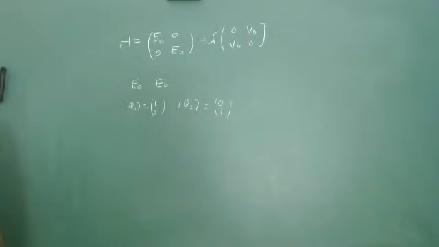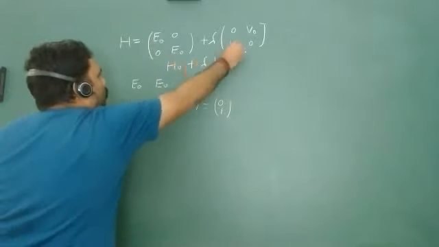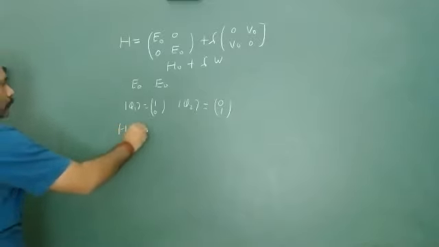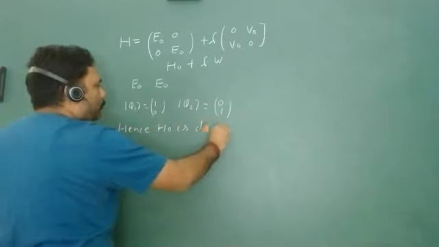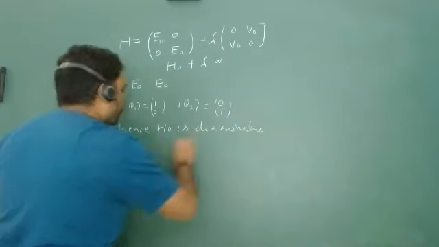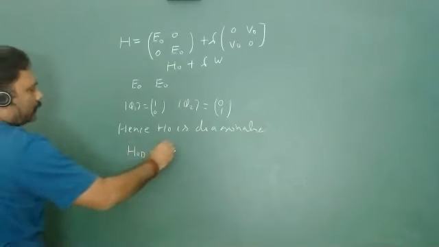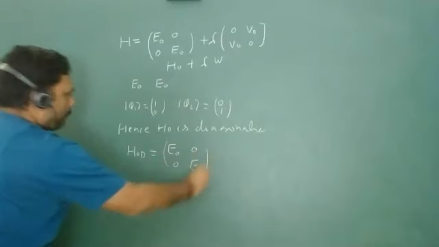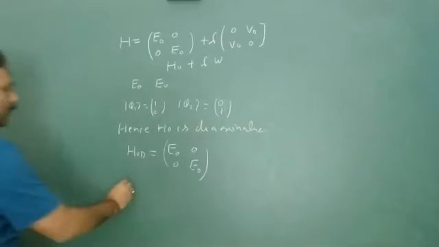They are diagonalized, so there is no need to diagonalize H. So this is your H naught plus lambda W. This is your W. Hence H naught is diagonalized. Then H naught D is the same thing, E naught 0 0 E naught. Now can you please tell me what will be your W dash?